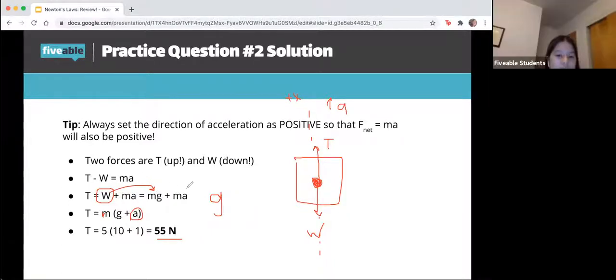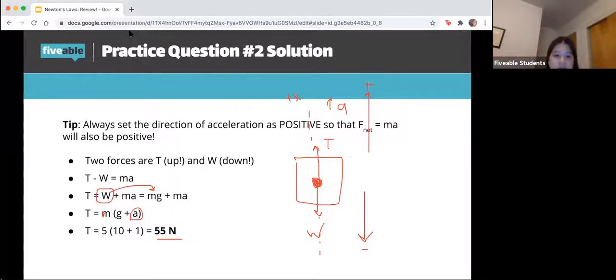The only time it would be negative is if we had things like negative mg. In that case, it would be whatever mass is times 10, and then we would have a negative number. And the negative would be because of the algebra, we're moving things around. Gravity is downwards, and that would be negative because we've set up upward as positive. So I would just keep in the back of my mind that G in our equation is a constant. It's 10.